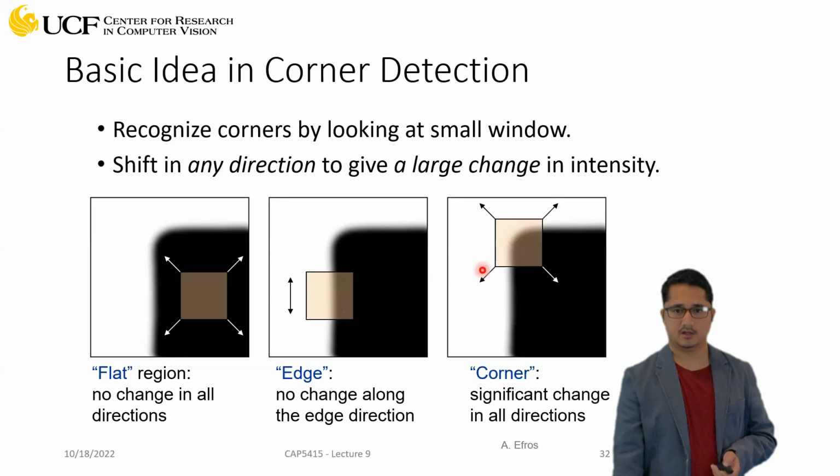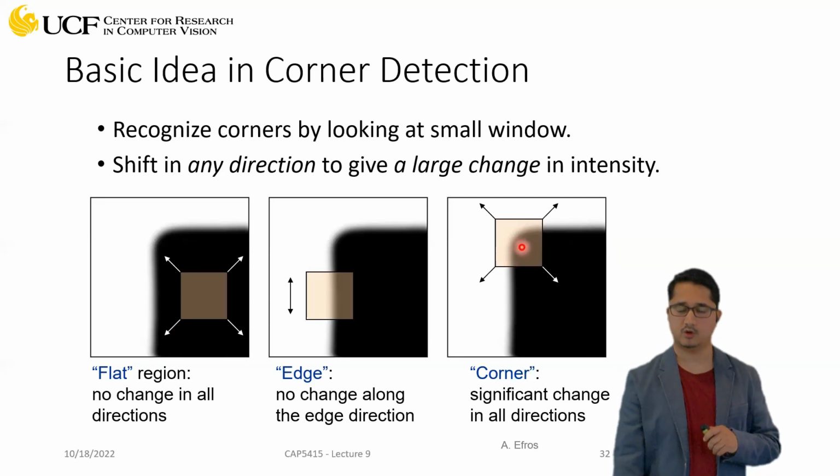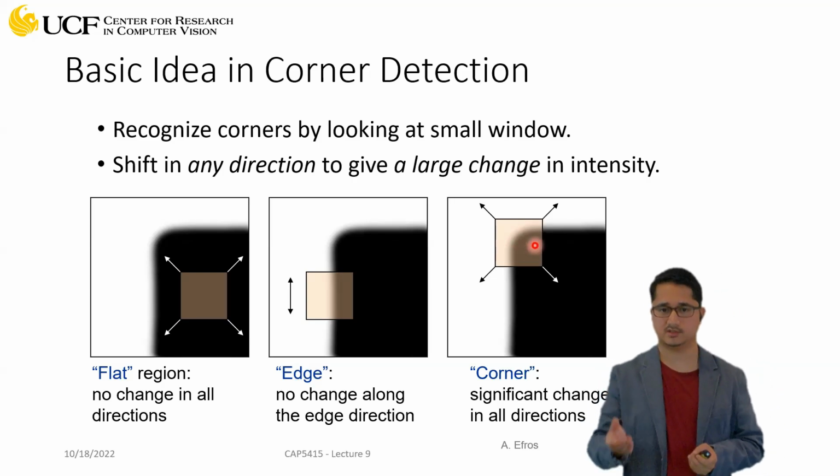Okay. Now, if you put this patch on this corner right over here, then it doesn't matter in which direction you move your patch. You will always observe a change in intensity, right? For example, if you go in this direction, which is left top, then you can see that the number of white pixels will increase and the number of black pixels will reduce, which means your average intensity is going to increase.